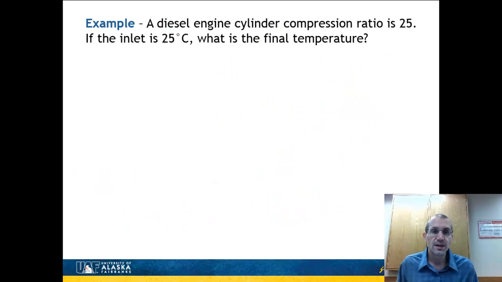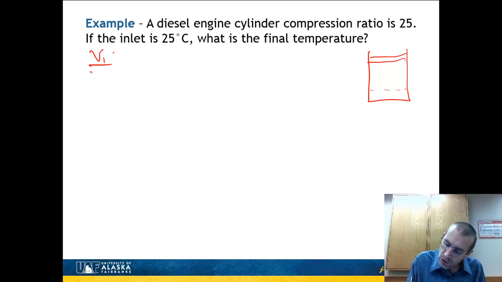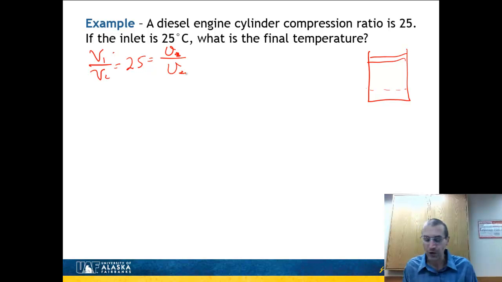So let's go back and do this example now, but this time we're going to account for the variable heat capacity. Again, I have this piston cylinder, with a compression ratio of 25. So I know that V1 over V2 is equal to 25, which is also equal to the ratio of specific volumes V1 over V2.